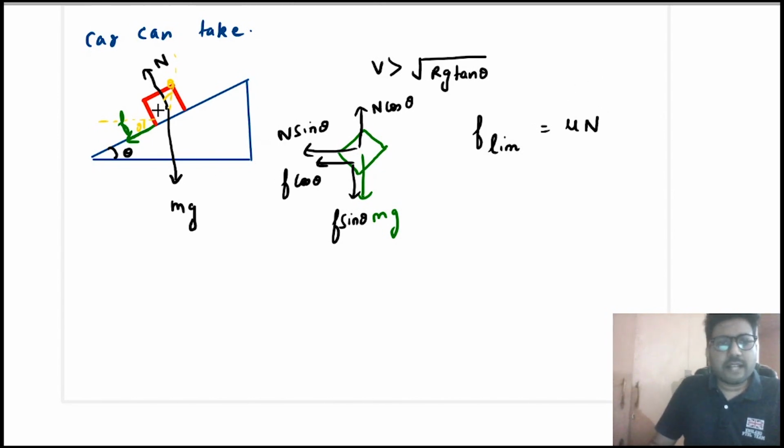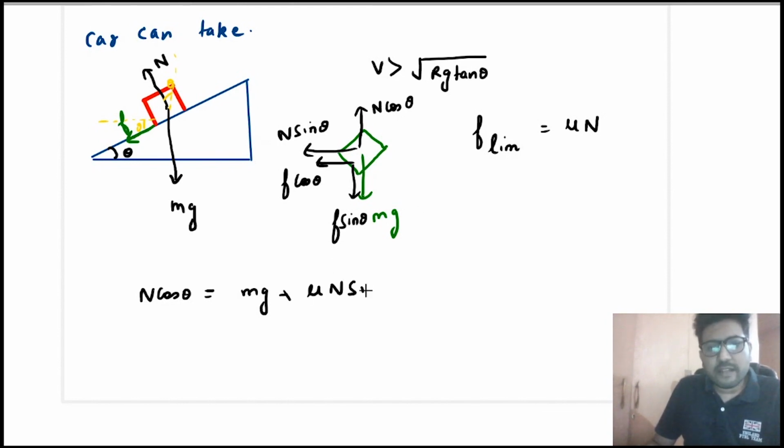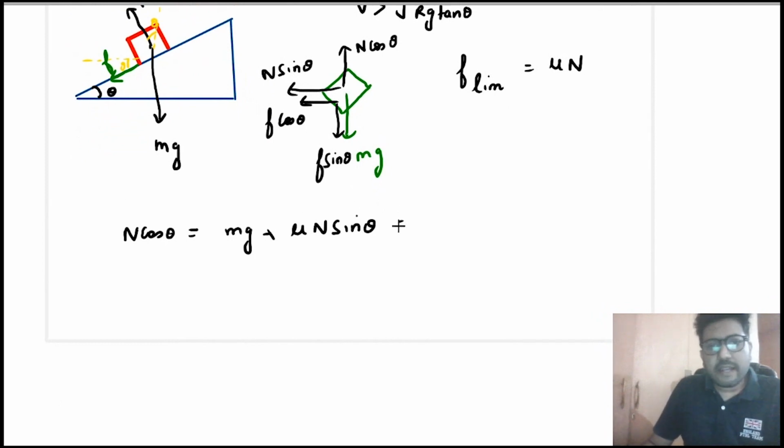Now because the car is making a turn in the horizontal direction, the vertical forces must balance. So you will say that N cos theta has to be balanced by mg plus F sin theta, but F is mu N, so you will write mu N sin theta. From this you will get N is equal to mg upon cos theta minus mu sin theta.